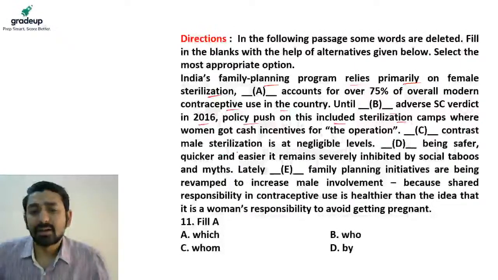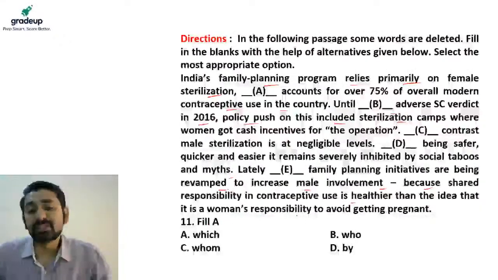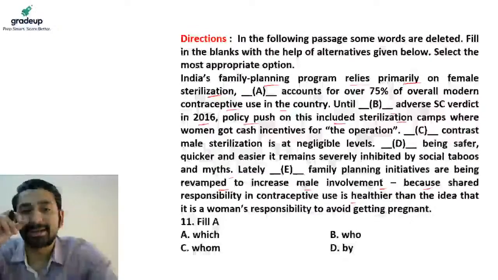Dash contrast, male sterilization is at negligible levels. Dash being safer, quicker and easier, it remains severely inhibited by social taboos and myths. Lately, dash family planning initiatives are being revamped to increase male involvement because shared responsibility in contraceptive use is healthier than the idea that it is a woman's responsibility to avoid getting pregnant.